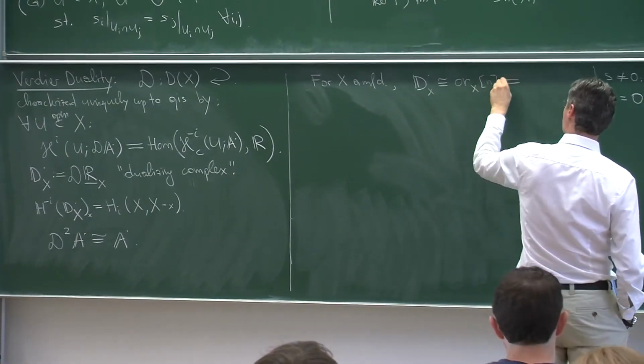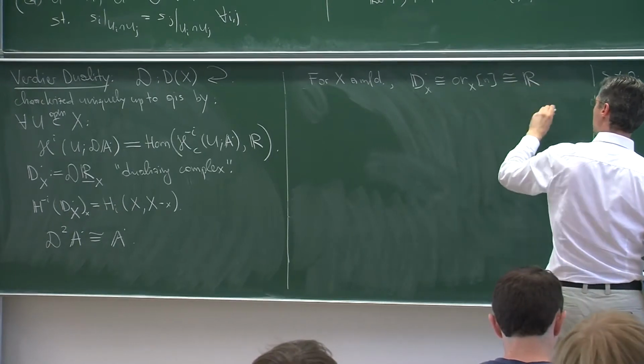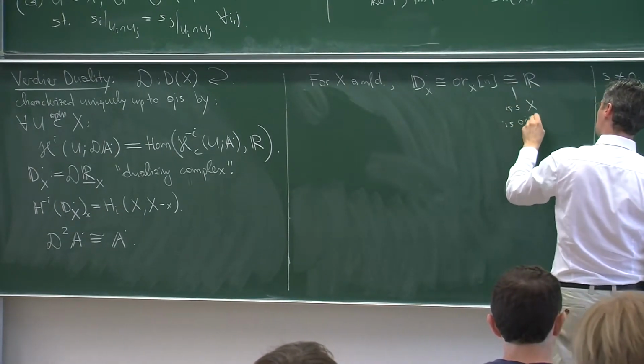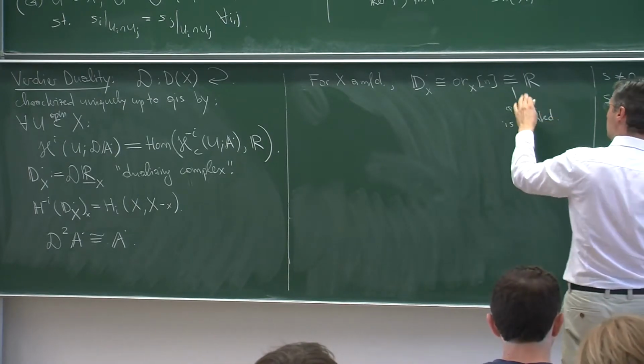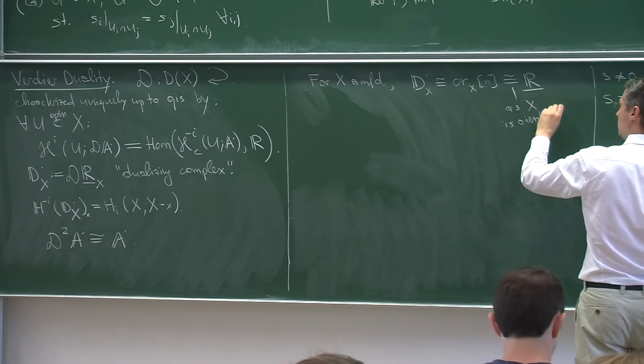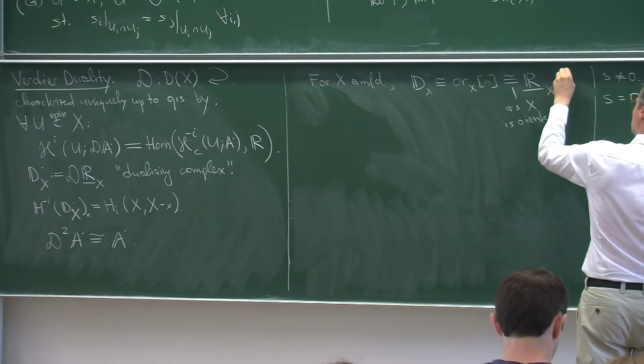But since we assume that everything is oriented, so as X is oriented, this is furthermore isomorphic to the constant sheaf R on X with a shift.